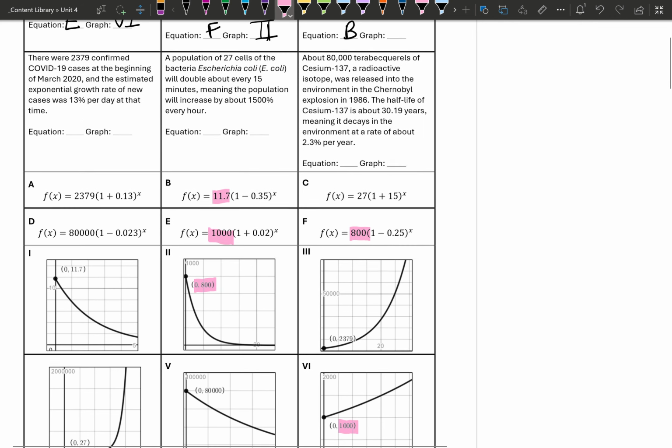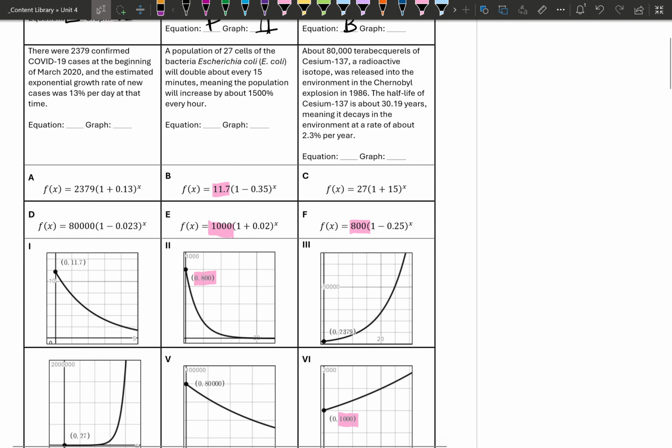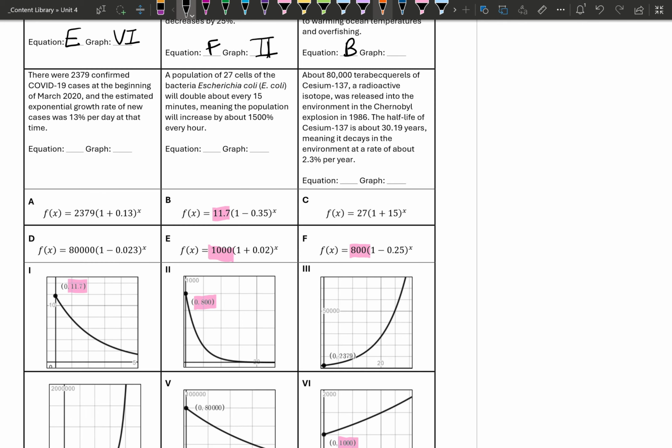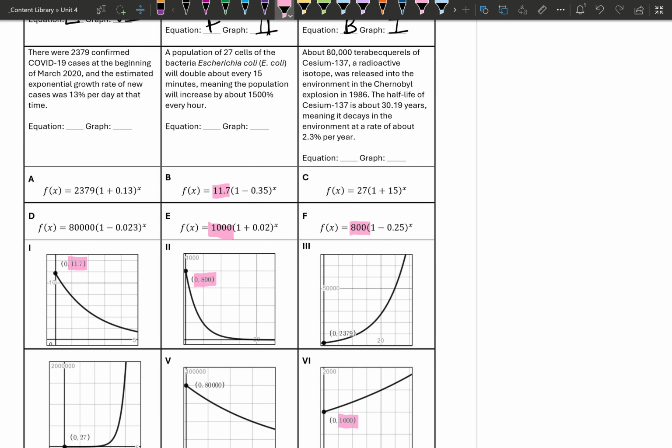So find a graph with a similar number and a decreasing range. If you take a look, the first graph has 11.7 on it. So graph 1.